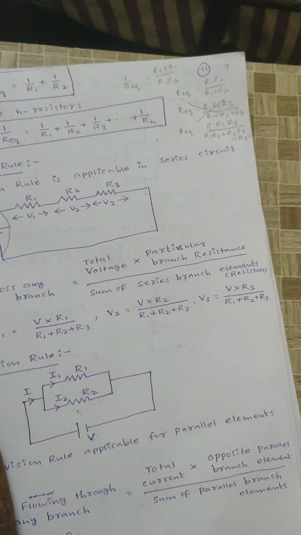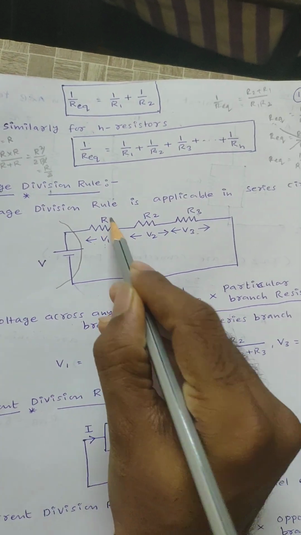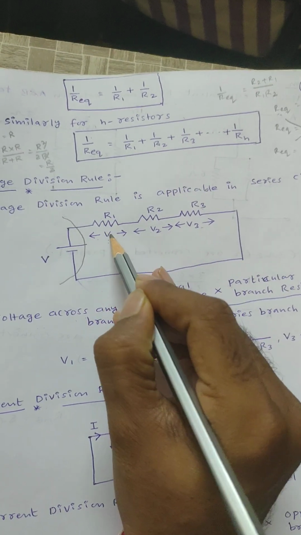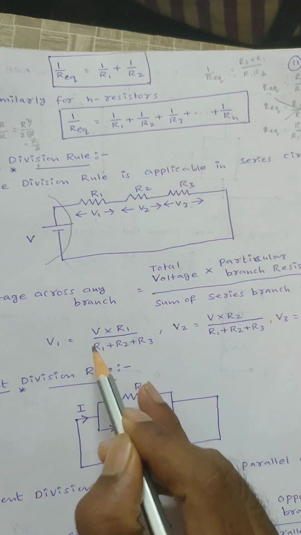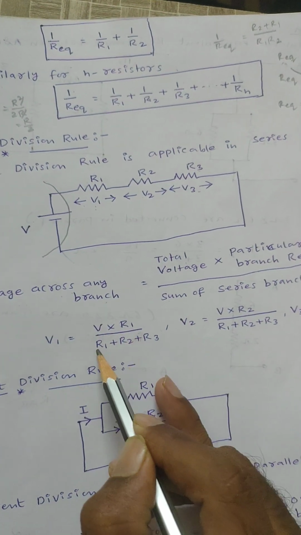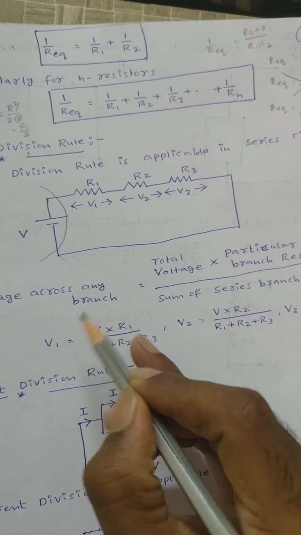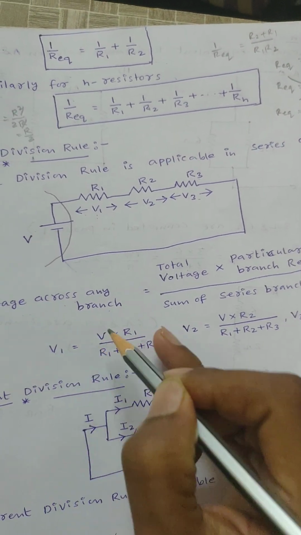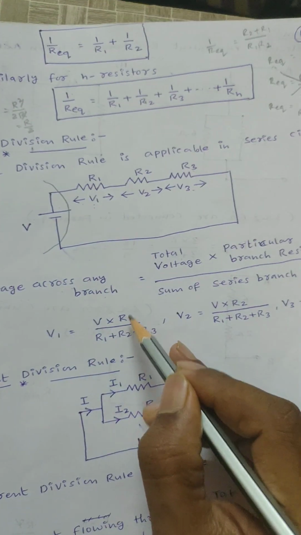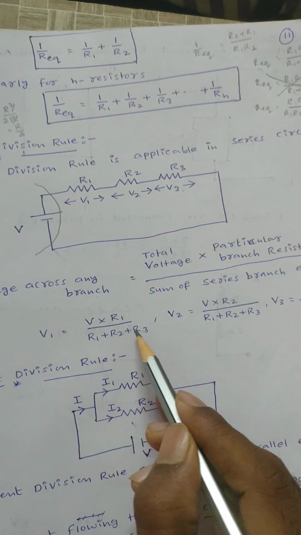This is the formula. Now see here, first we will discuss the voltage across resistor R1. That is V1 is equal to the total supply voltage V into R1 by R1 plus R2 plus R3. That is, the voltage across the first branch is equal to the total supply voltage into that particular branch resistance divided by the sum of series branch elements.